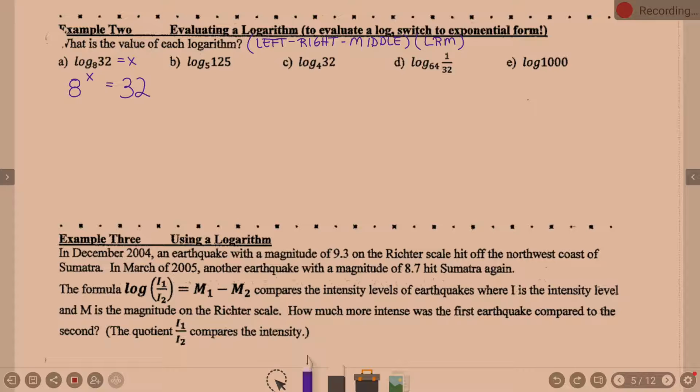And this will maybe make sense if you think about it. What is 8? 8 is 2 to the 3rd. So let me rewrite this. 8 is 2 to the third, and then, of course, that's going to be raised to the x. What is 32? 32 is 2 to the fifth.